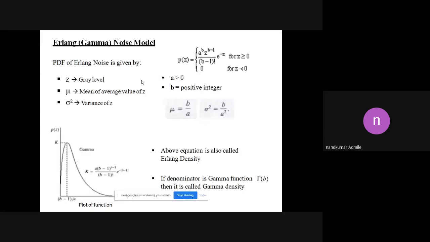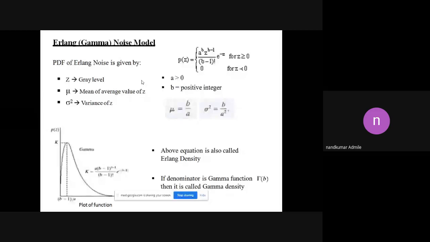If we consider a 256 by 256 image, from the zeroth position, at the starting of an image, the gamma noise is present. So if we observe some blur at the start of an image, that noise is called gamma noise.